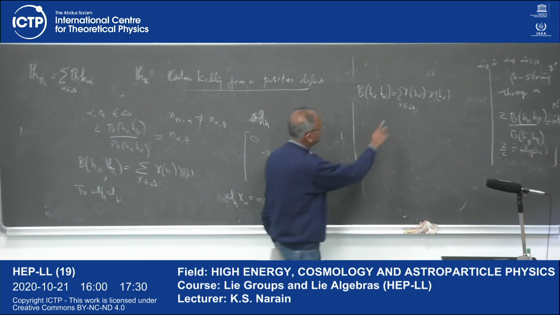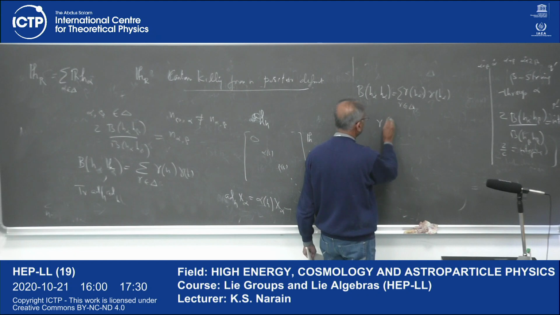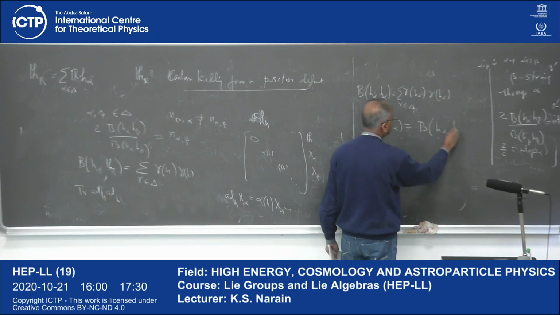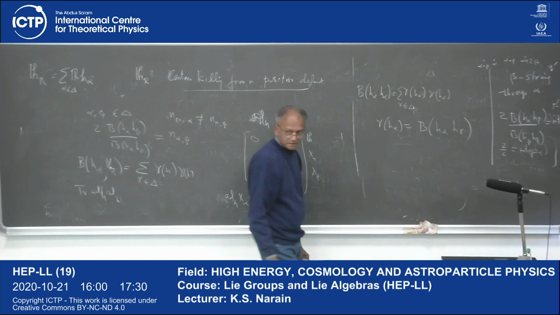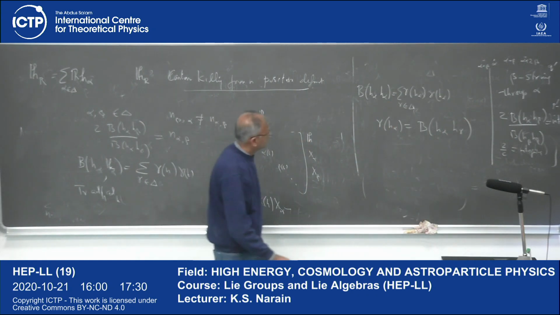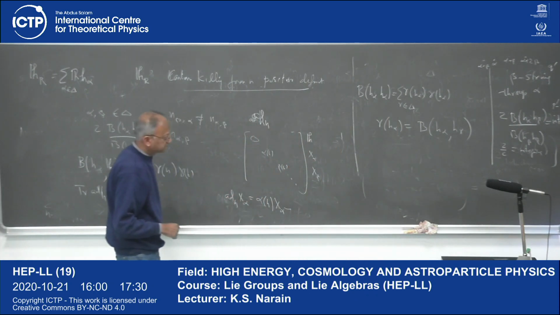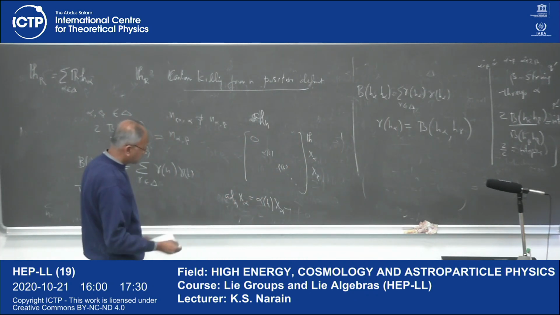But what is gamma h alpha? Gamma h alpha is nothing else but B(h alpha, h gamma). Right? That was again going back to the previous definitions.